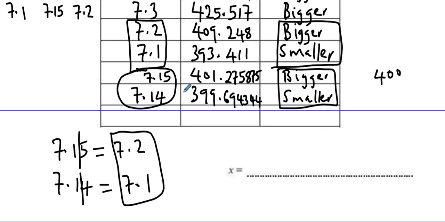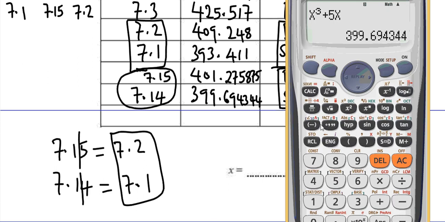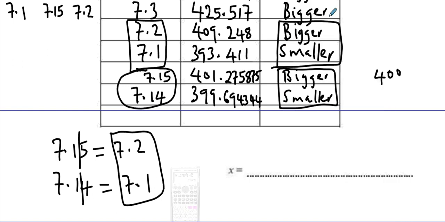So you have to check how much bigger than 400 this is, and then do the comparison. You subtract 400 from 401.275875 and see the difference.